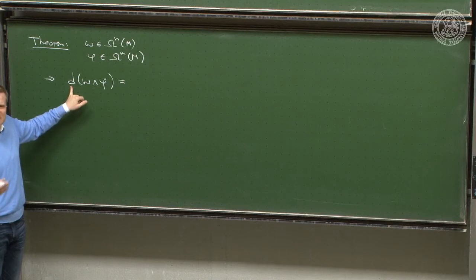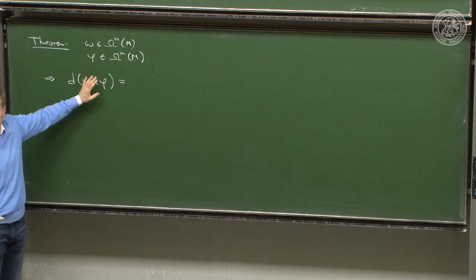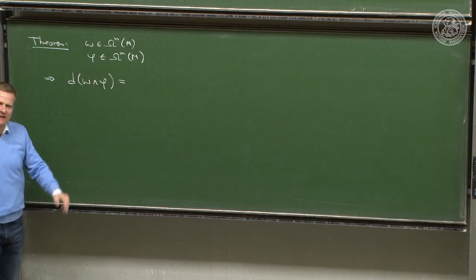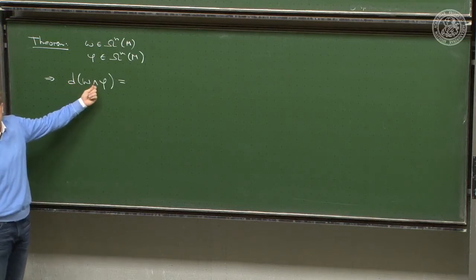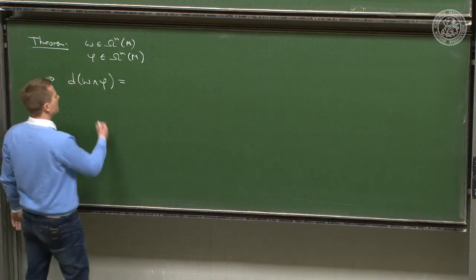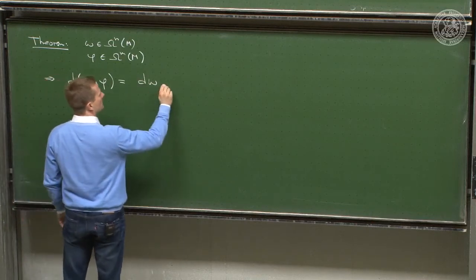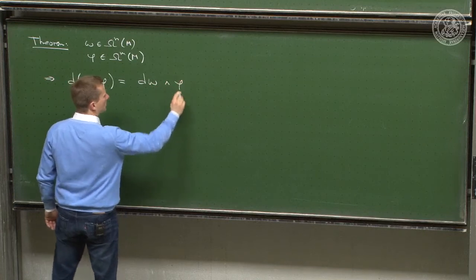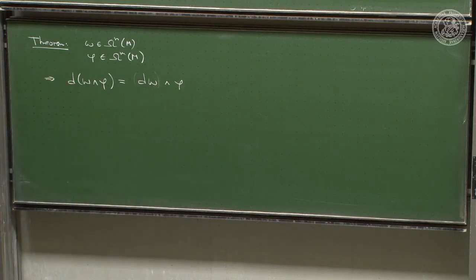So we expect something like a Leibniz rule. There should be a product rule of some sort, but it's not an exact Leibniz rule, because neither is this an ordinary differentiation, it's an exterior differentiation, nor is this an ordinary product, it's an antisymmetrized product. And in fact, what it is, you act on the first one, so that's d omega, and then afterwards you take the wedge. Well, if you want, you can put brackets around here.